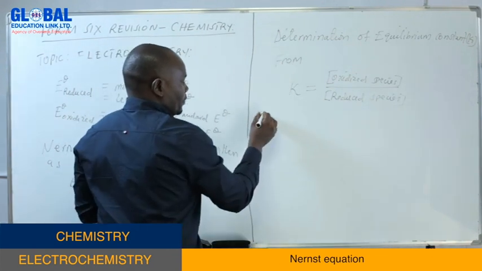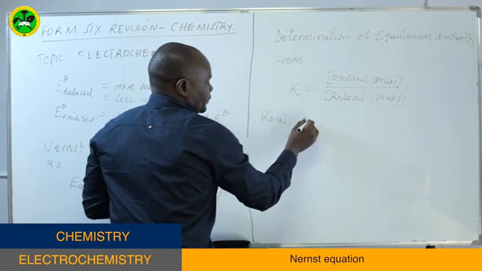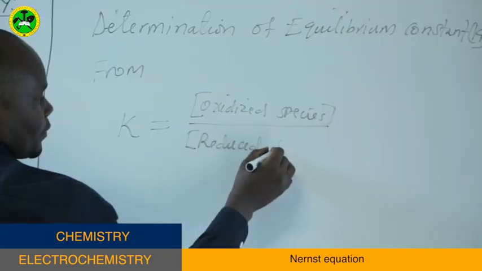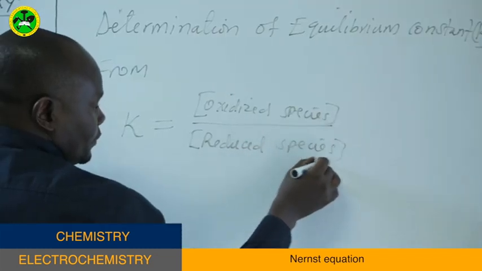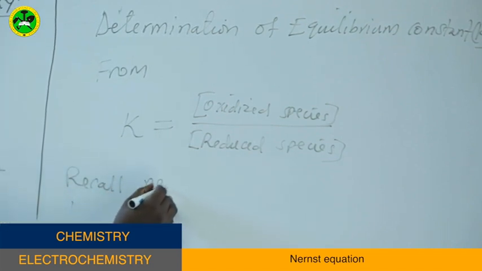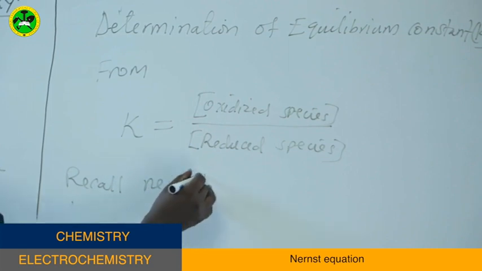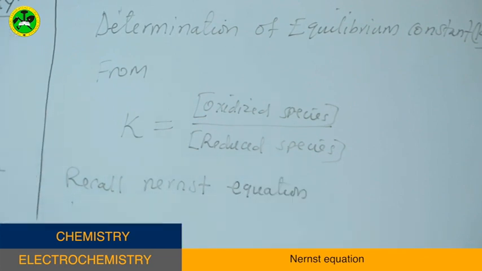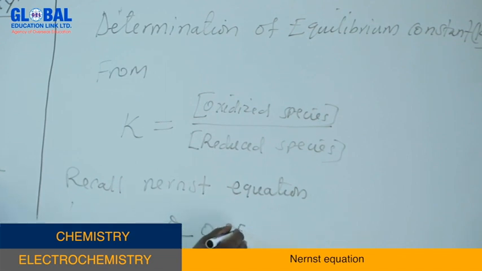So from now, next equation, where E, the EMF of a cell, is equal to the standard electrode potential of a cell, then minus 0.0591 over n, then log of oxidized species over reduced species.